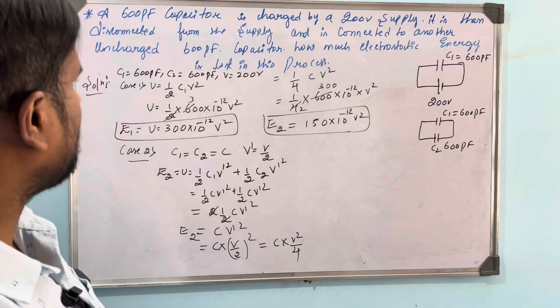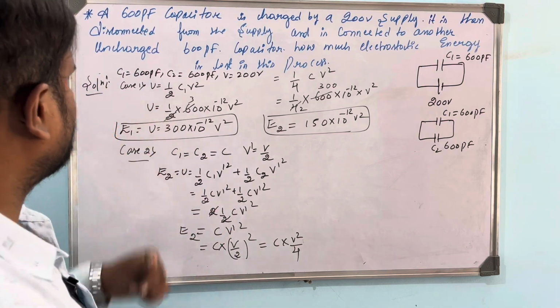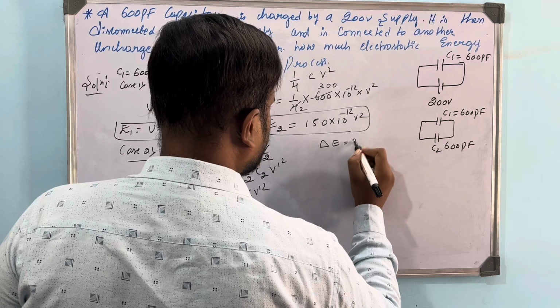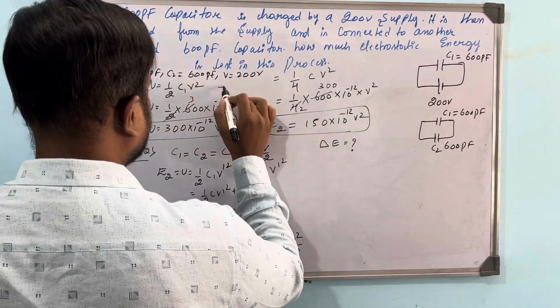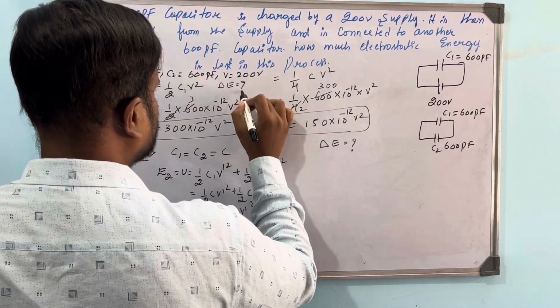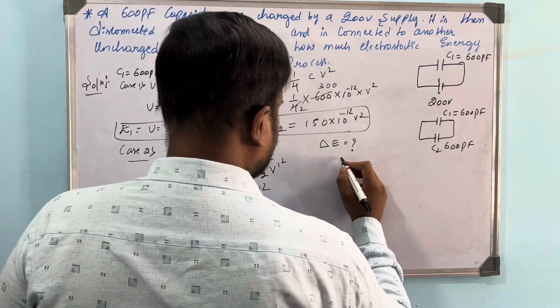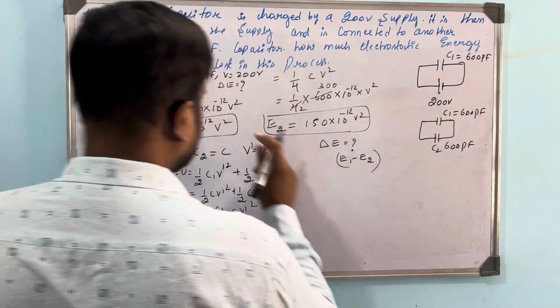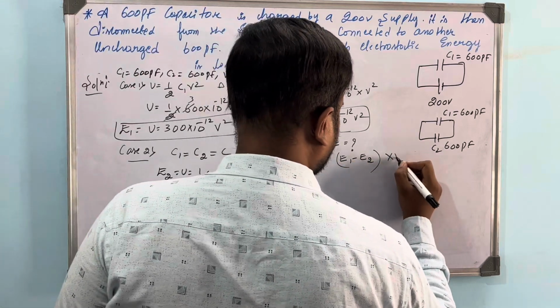But here we need to calculate the change in energy, delta E. Delta E is E1 minus E2. As I said previously, I need to multiply by V square.